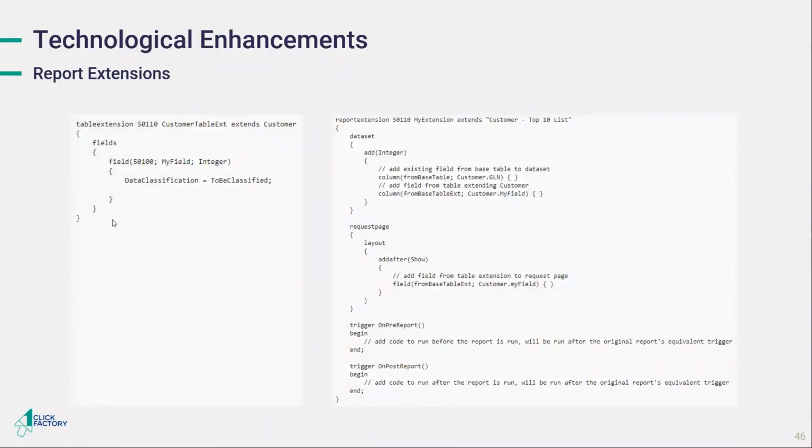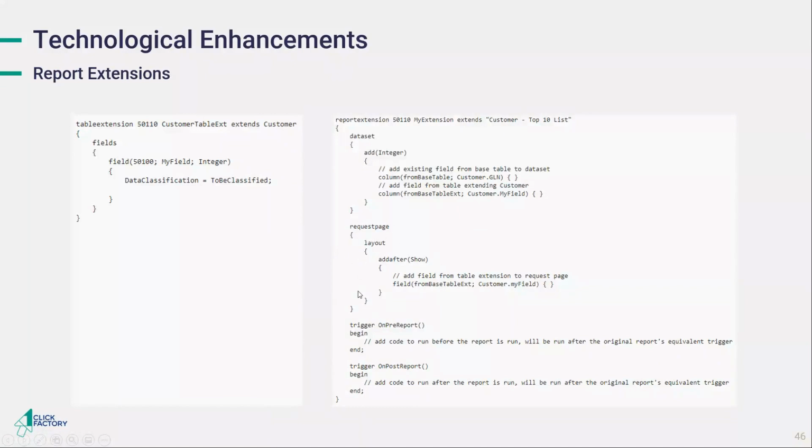And here is an example of how it looks, again, these pictures are from Microsoft. You can add one field with a table extension and add this field to the report extension, which is extending the customer top 10 list.